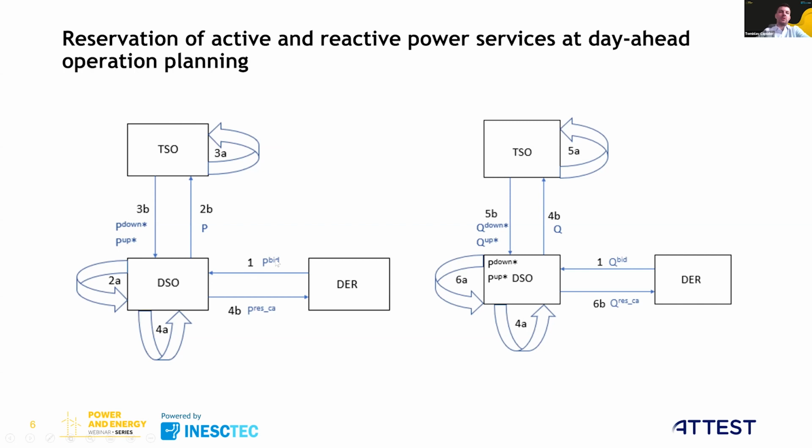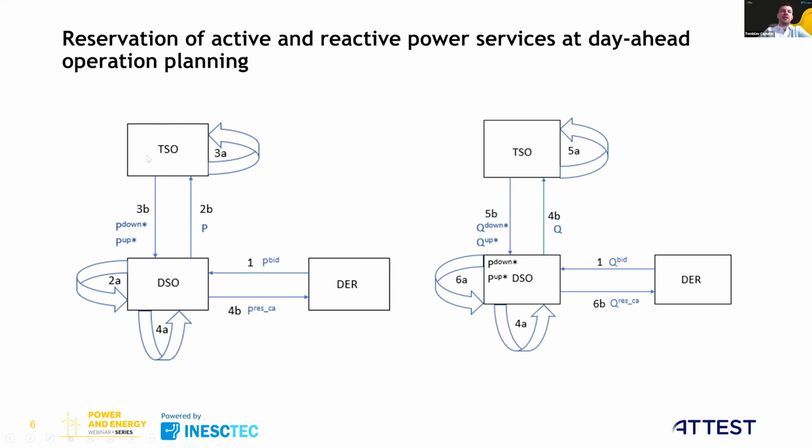Going first to the left-hand side picture, distributed energy resources first submit the active power bids, then the DSO does an AC/OPF calculation, defining the boundaries of available active flexibility procurement, sends these boundaries as possible active power areas to the transmission system operator, which then runs the AC/OPF in a day-ahead stage.